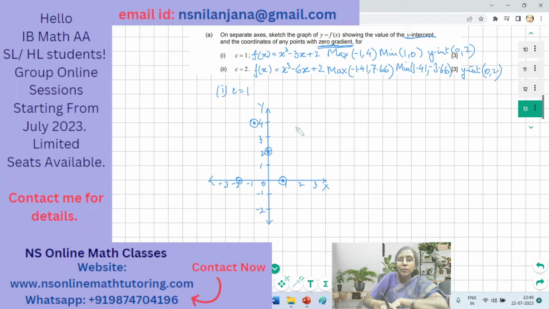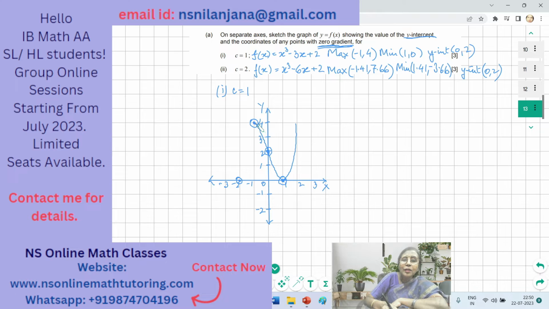And now we are in a position to sketch the graph. It will be of this shape. We are practically copying, because we have seen the shape from the calculator.